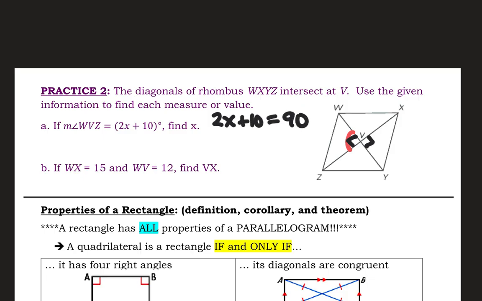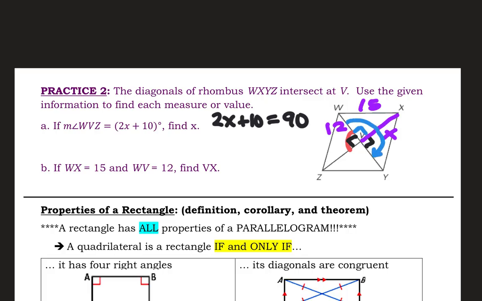That's it. All right, next one says, if W to X is 15 and W to V is 12, how would you find the length of V to X? Pythagorean theorem. If this is 90, then the one next to it must also be what? 90, in order for that to equal that 180 relationship on the line.